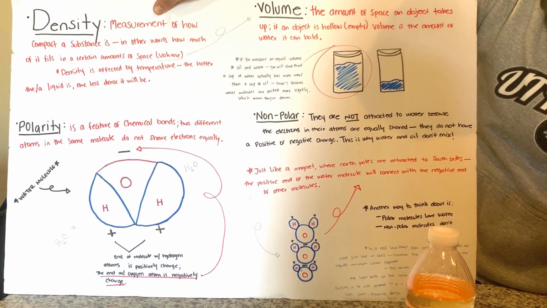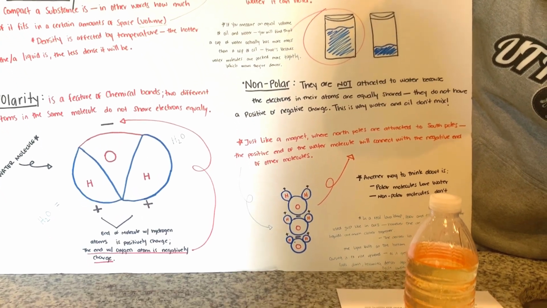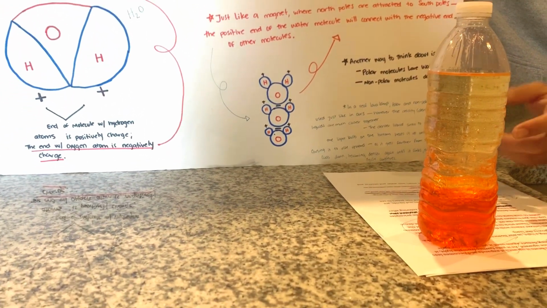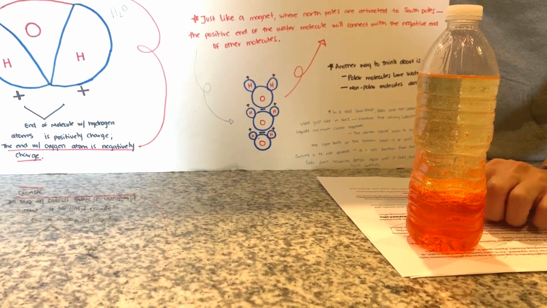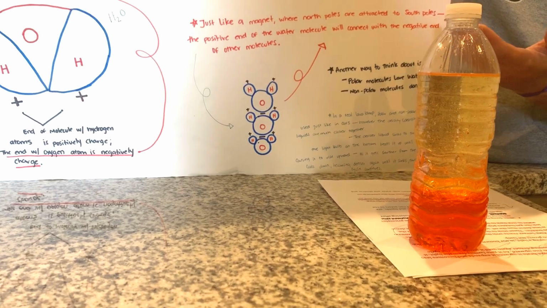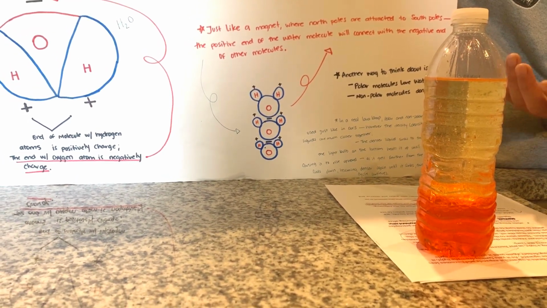So the denser liquid is gonna sink to the bottom, where it's gonna be heated up by a light bulb. The light bulb will then expand that substance. It's going to help it rise up because remember, the hotter the liquid or the substance, the less dense it is.